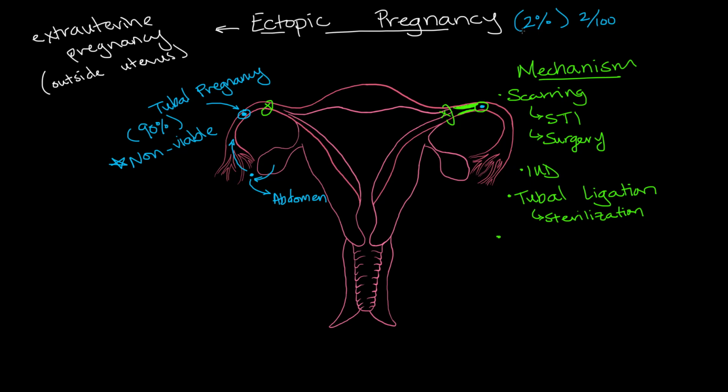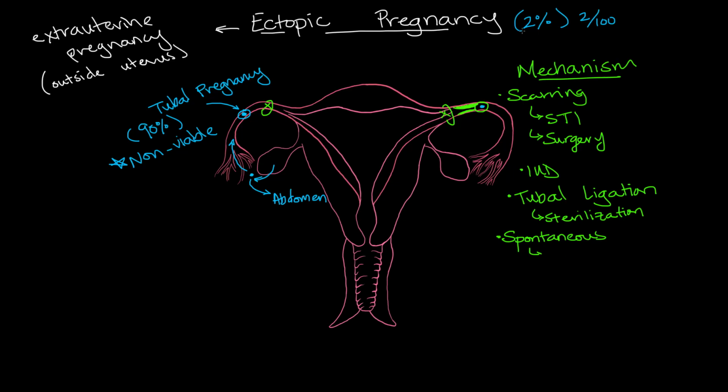And then the last option, which is always the case in medicine, is spontaneous or idiopathic ectopic pregnancy. Basically, we don't know. Sometimes the egg will just settle inside the tube. Some people genetically have narrower tubes that are more likely to cause ectopic pregnancies.